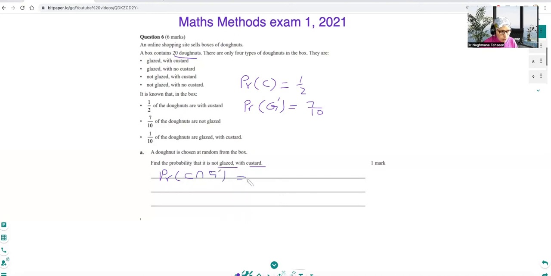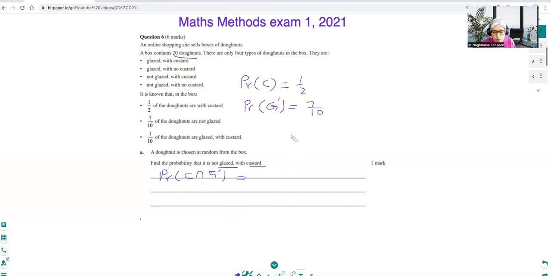We can't do it directly, because it's not given that they are independent, so we can't really use the formula.